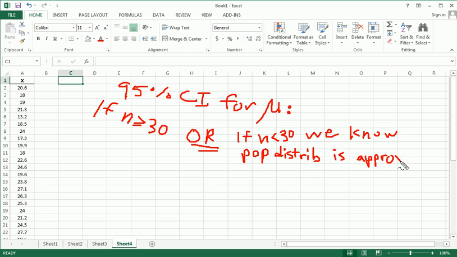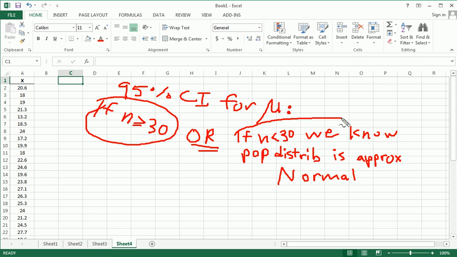So if one of these two things is satisfied, namely we have a sample size of at least 30, or if we don't, we have some extra information. We know something about the population distribution's shape, specifically that it's approximately normal. Then we can create a 95% confidence interval for mu using this method that I'm about to present.